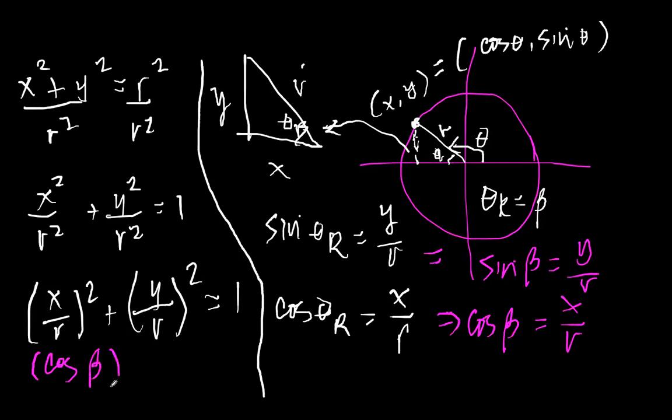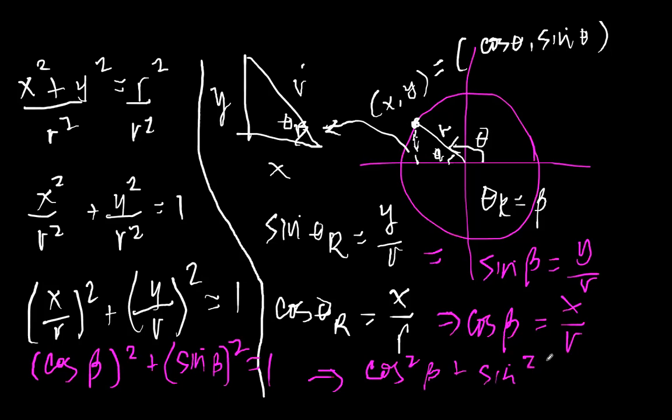So this becomes cosine squared beta plus sine squared beta is equal to 1. This is now our trigonometric Pythagorean identity.